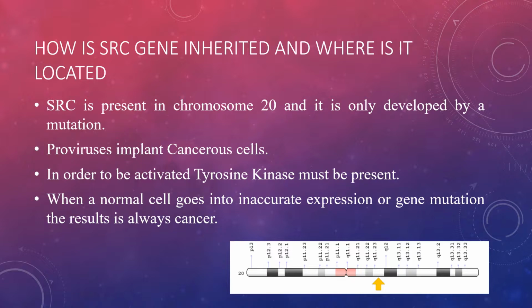And then here on the image below, we can see chromosome 20, and followed by the yellow arrow, we can see that the mutation is present, and that's how the SRC gene is inherited.